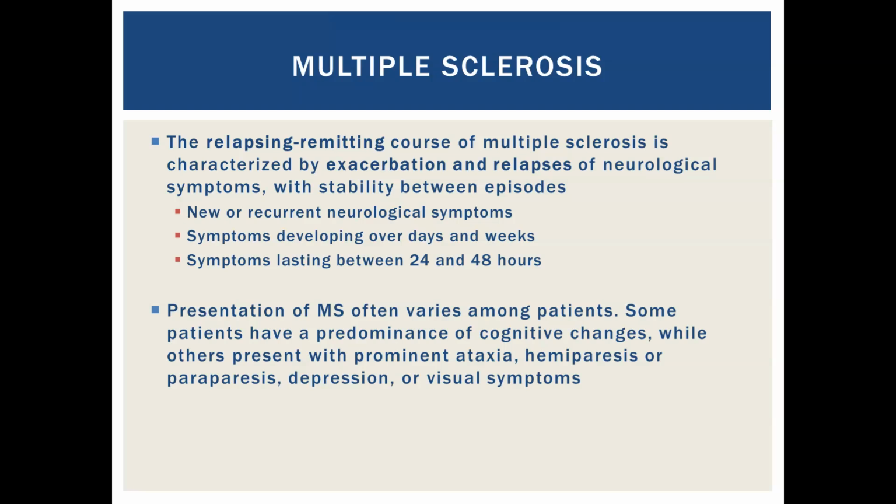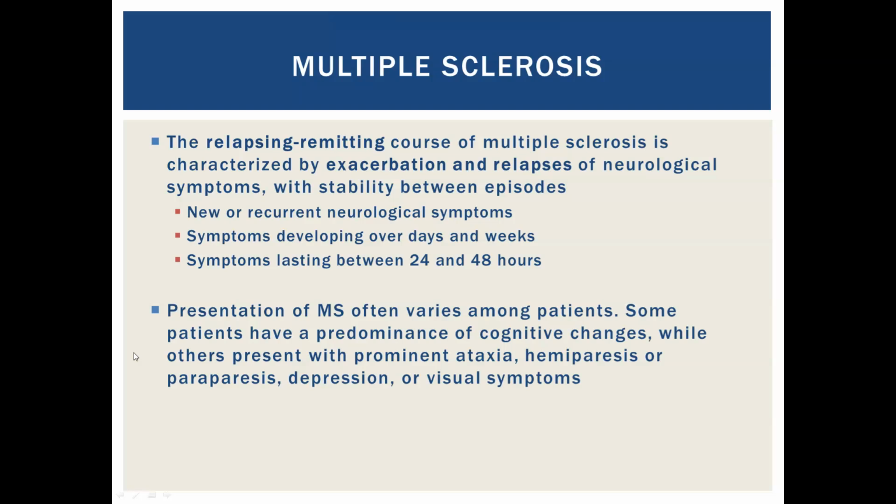So the keywords we're looking for are periods of exacerbations and relapses. We're going to go through our whole neurological assessment for any new or recurrent neurological symptoms. We know that those signs and symptoms can develop over days or weeks, and they can last 24 to 48 hours, if not longer. Unfortunately, the presentation of MS varies.